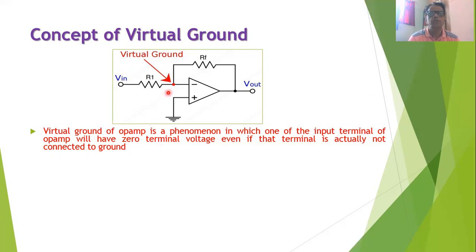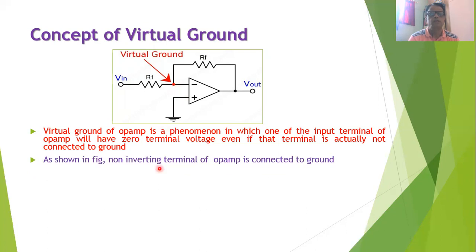So as shown in this diagram, the inverting input terminal of the operational amplifier is said to be at virtual ground. Observe that this terminal is actually not connected to the ground, but the non-inverting terminal of the operational amplifier is connected to the ground. So even if this terminal is not connected to the ground, if you measure the voltage at this point, you will find that this voltage is almost equal to zero.